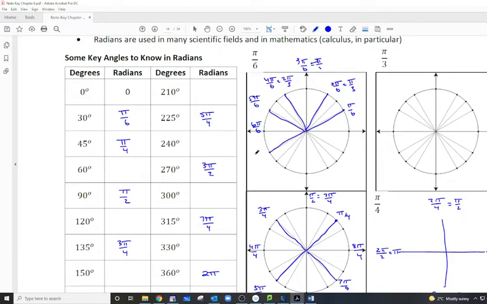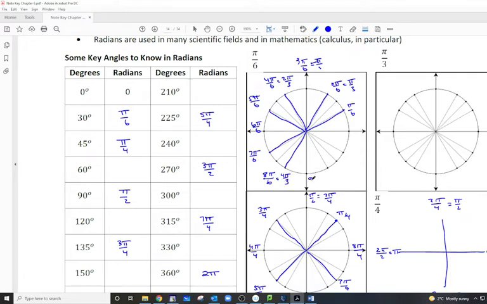So hopefully you paused the video and you found that this is 7 pi by 6. This division here would give you 8 pi by 6. Now 8 pi by 6 can simplify to 4 pi by 3.